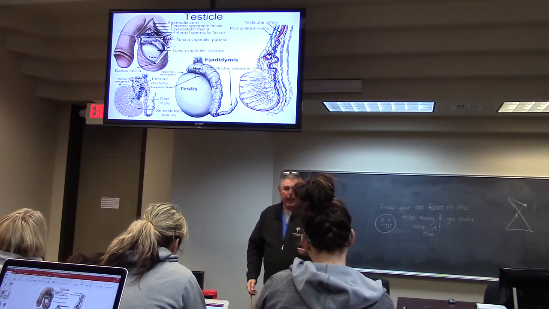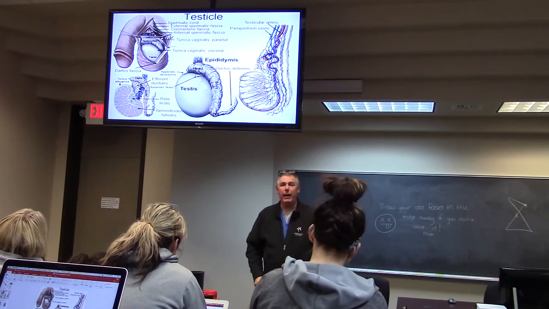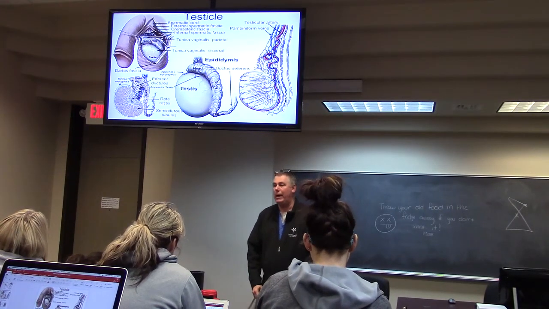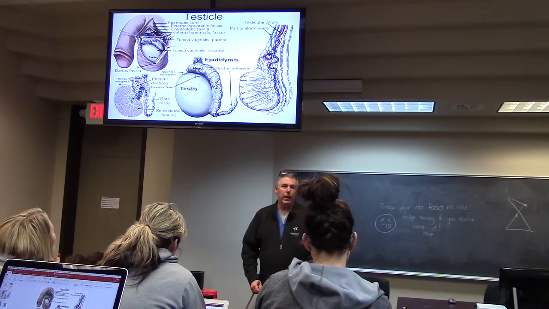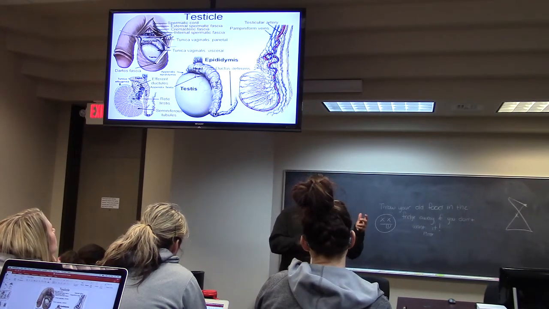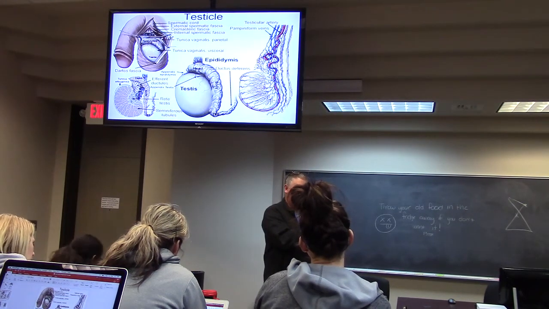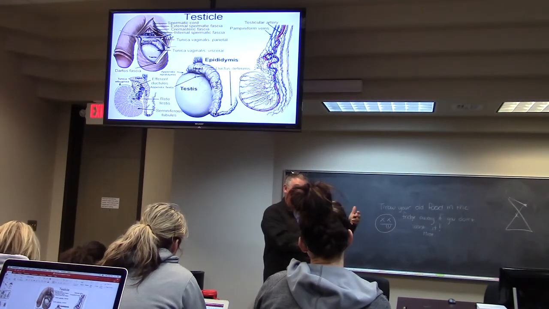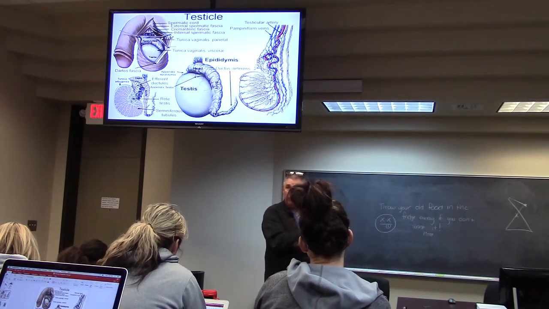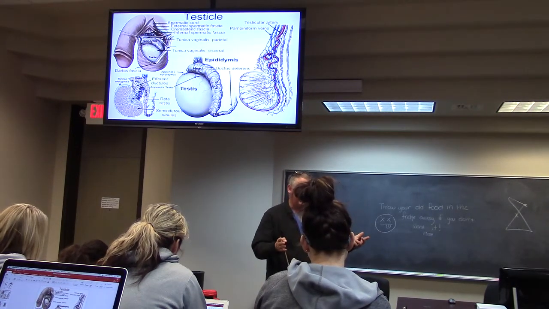So if somebody comes in complaining of excruciating pain on one side of the scrotum, and you look at the scrotum, you can sometimes see a blue dot deep to the skin that sort of shines through. It's called the blue dot sign.